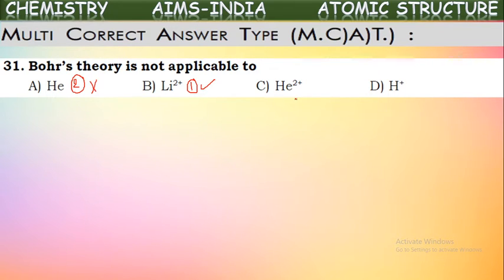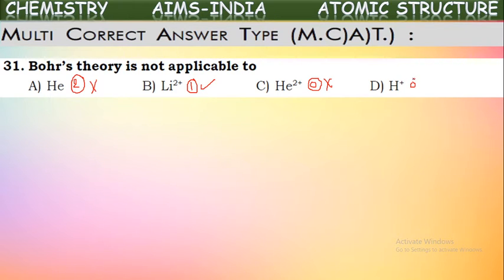Now if you see He plus 2 or helium 2 plus ion, helium contains 2 electrons and He2 plus contains 0 electrons. So for this also Bohr's theory is not applicable as it has no electrons. If we see H plus, we know hydrogen has 1 electron, and H plus has no electrons.